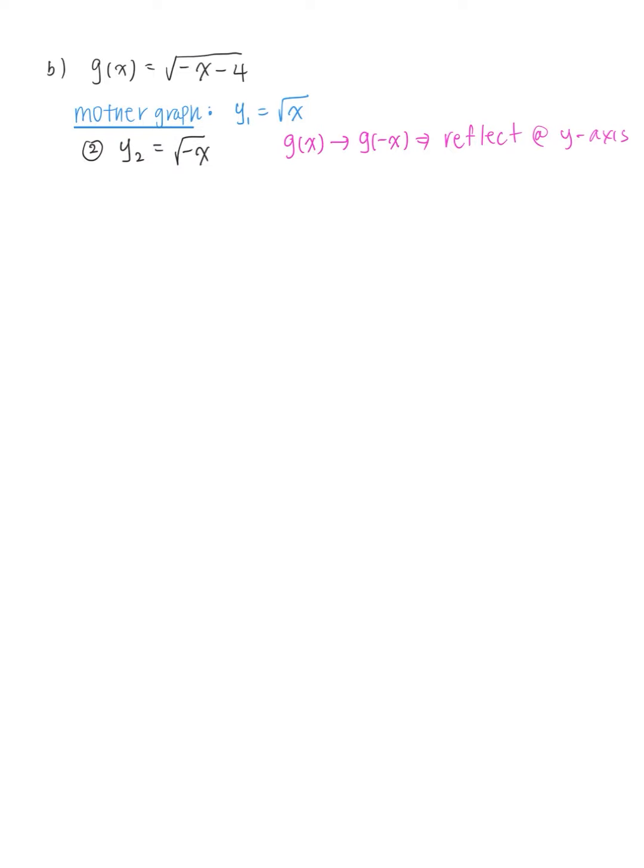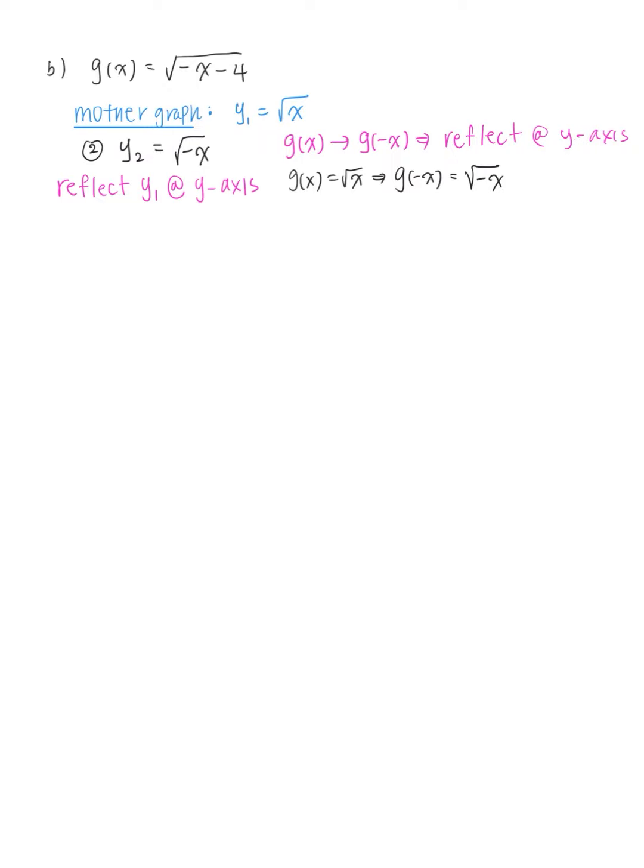And then notice that if g of x is square root of x, then do you see that g of negative x is going to give us square root of negative x? That is precisely what we have here. So here, our second step, what we're going to do is reflect y sub 1 about the y-axis.